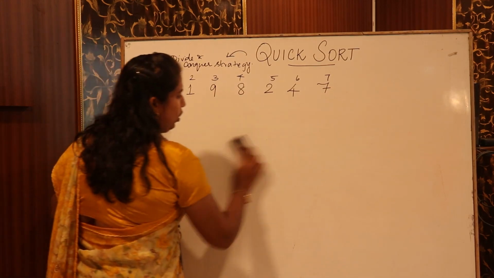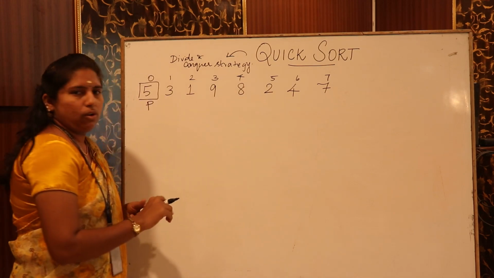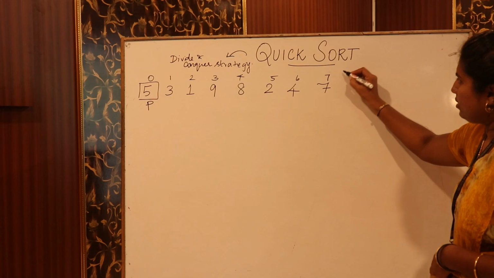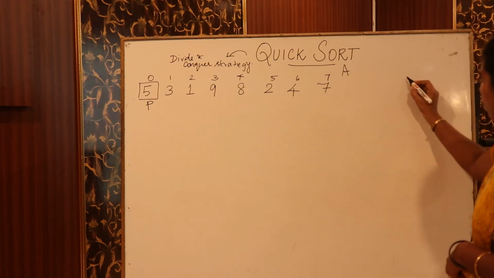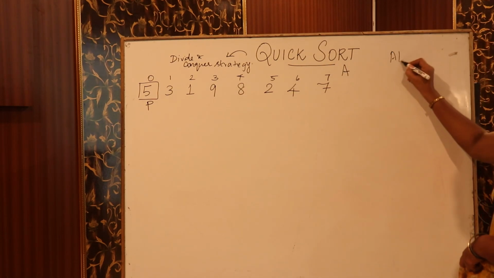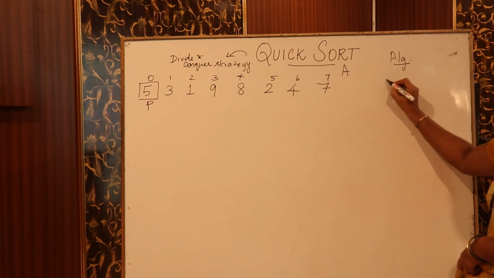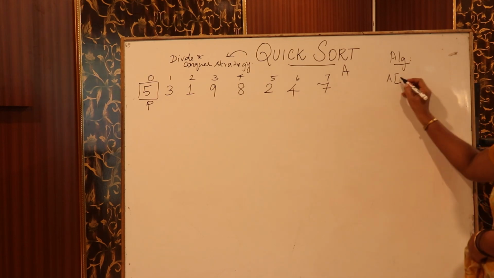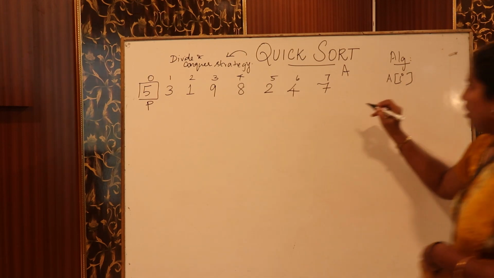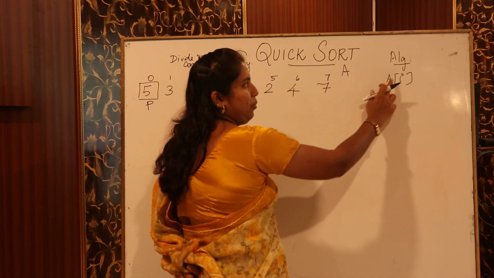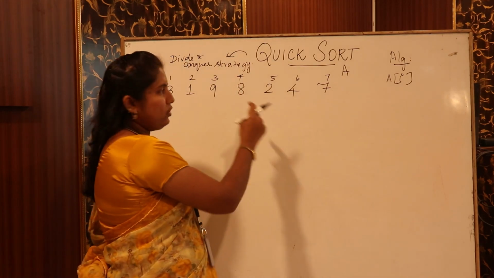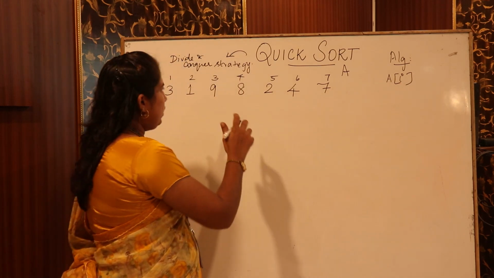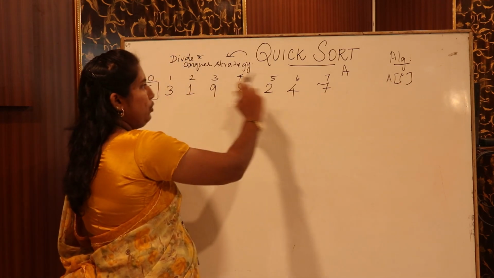The general algorithm for quicksort works in such a way that I am going to consider this array as A. I consider the index of each and every element as variable I. A is an array which contains the 8 elements, and I is the index, so the index value ranges from 0 to 7.